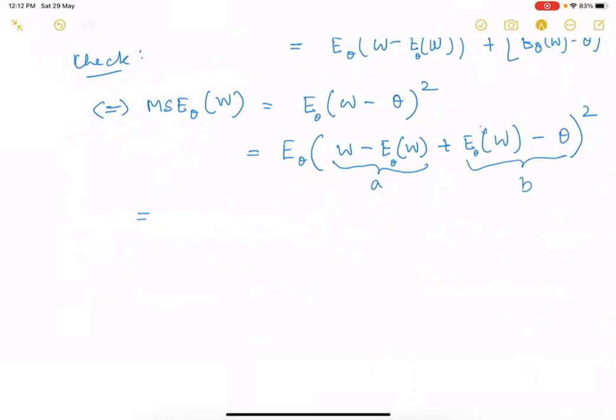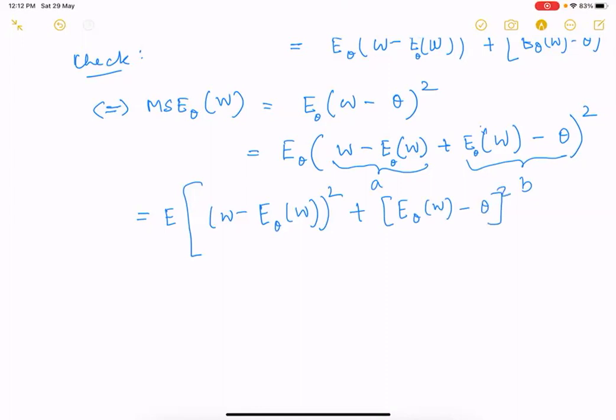So I write it as expected value of W minus expected W whole thing square plus E theta W minus theta square plus 2 times W minus E theta W times E theta W minus theta.